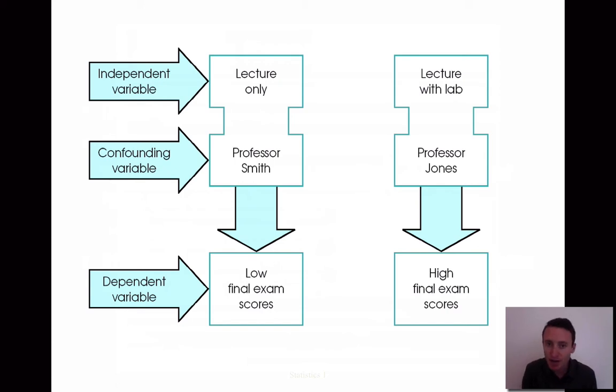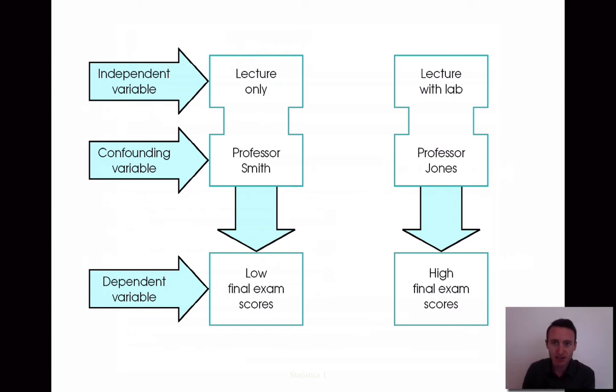However, we have a confounding variable in this study. The first group received their teaching from Professor Smith, and the second group received their teaching from Professor Jones. The problem to consider is we don't know why the second group had higher grades than the first group, because there's two possibilities.